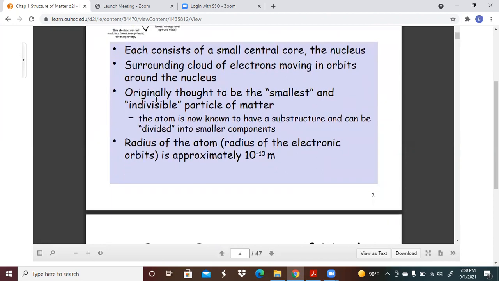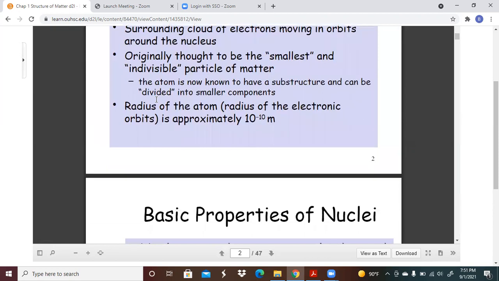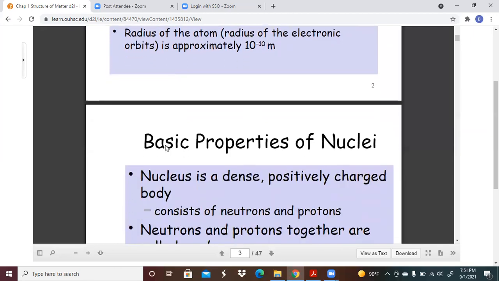That's quite interesting. Originally, it was thought to be the smallest and indivisible particle of matter. The atom is now known to have a substructure that can be divided into smaller components. The radius of an atom, or the radius of the electron orbits, is approximately 10 to the minus 10 meters. Very, very small.